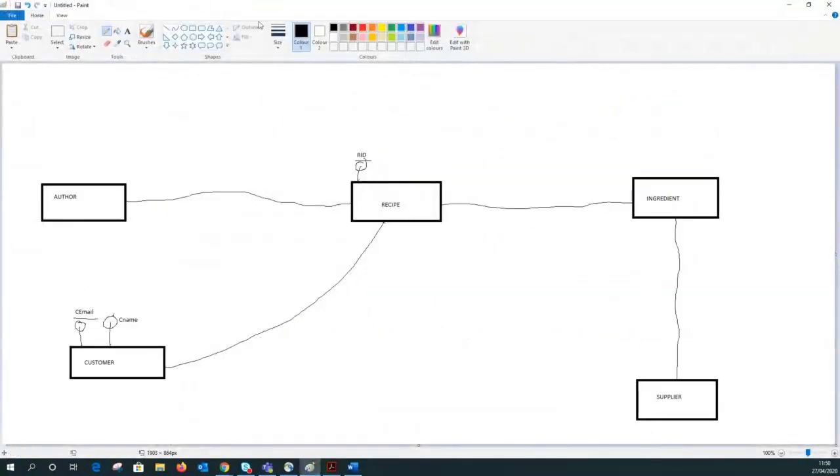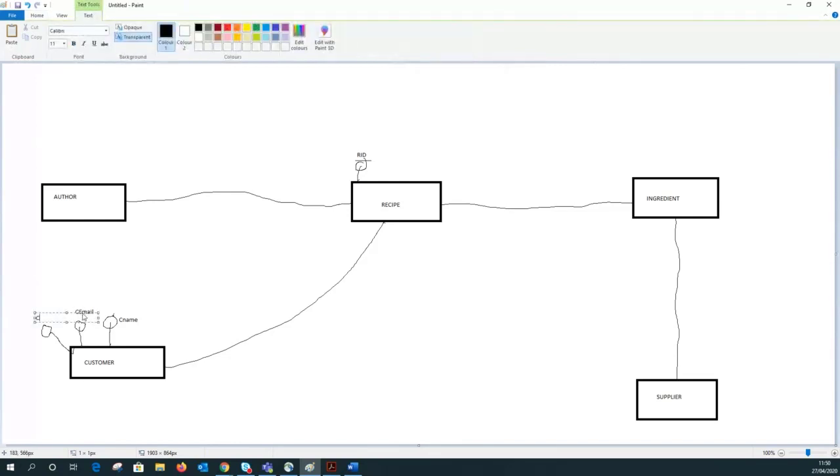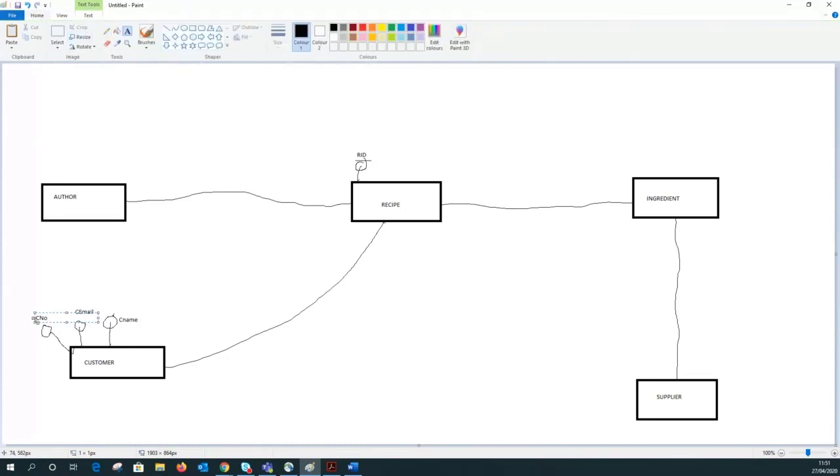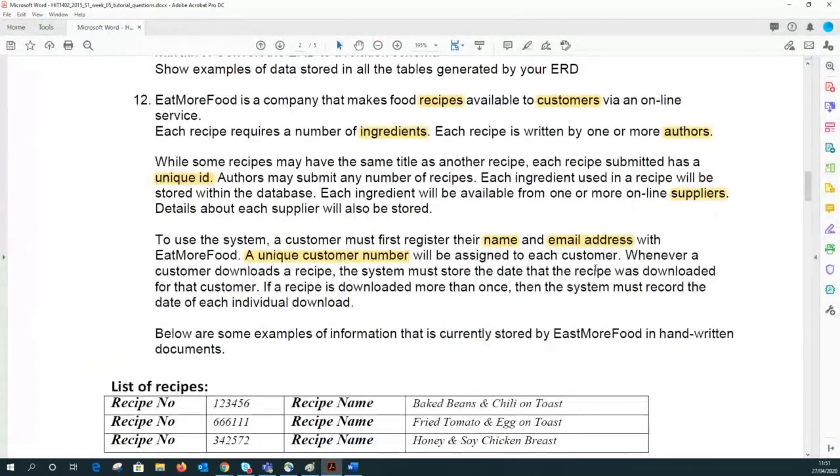So that means email is not the primary key. So we have the unique customer number instead. So I just write somewhere here. So they have customer, I just put C number, customer number. Okay. So customer number, right? So we have 3 attributes for the customers now.